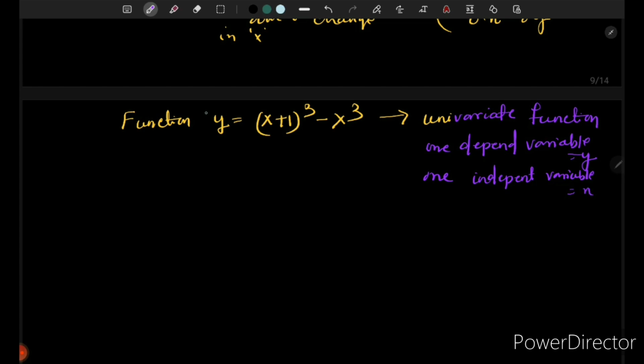That is, this function is in y is a function of x form.